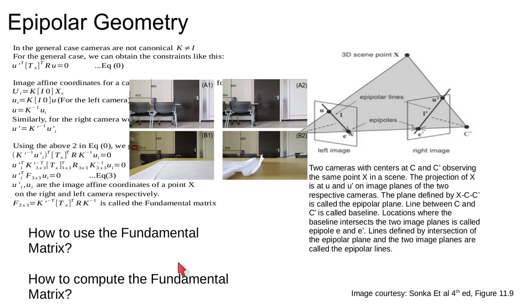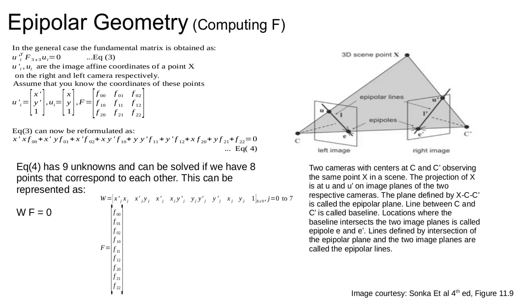Now let us look at how to compute the fundamental matrix. In the general case, the fundamental matrix is expressed in the following way: ui dash transpose multiplied by f, which is a 3 by 3 matrix, multiplied by ui is equal to 0. Assume that you know the coordinates of two such points.